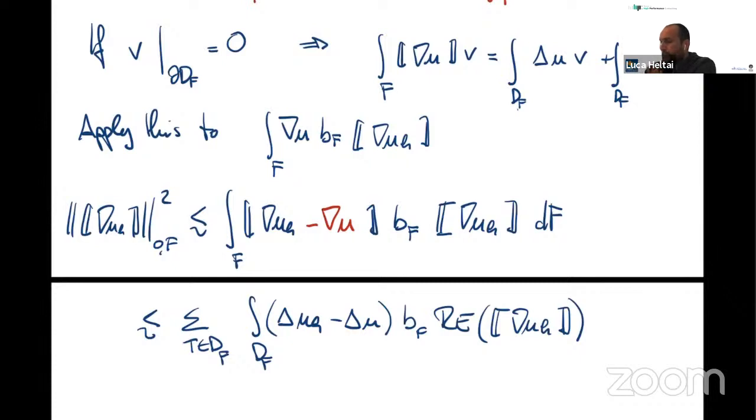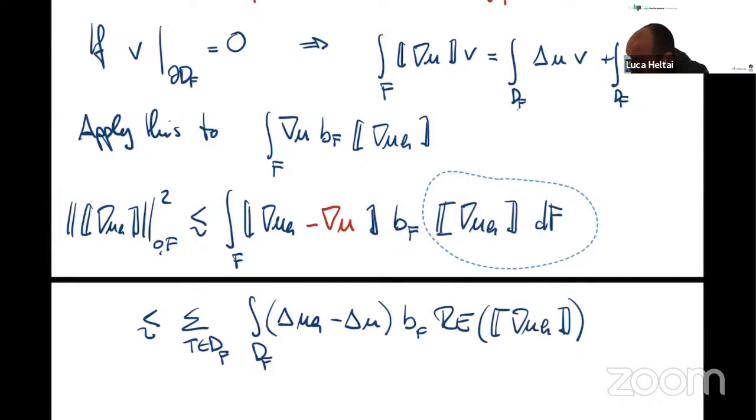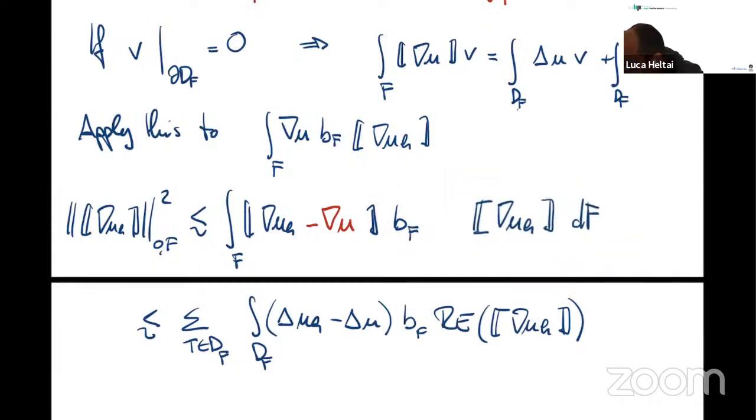Okay. So if I take the lifting of the gradient of UH, this is a function which is equal to the gradient of UH on the boundary, the jump of the gradient of UH on the boundary, and I integrate by parts this guy by exploiting the fact that here I can just plug in by construction the same lifting operator that I had above, because this is the identity on the face.